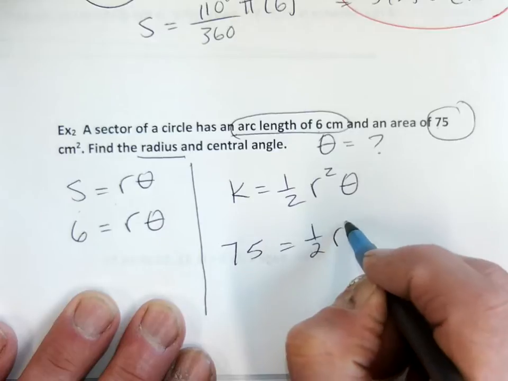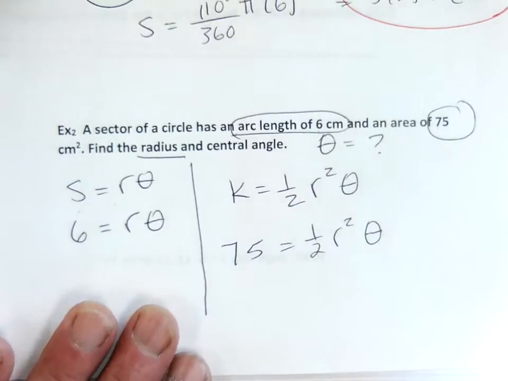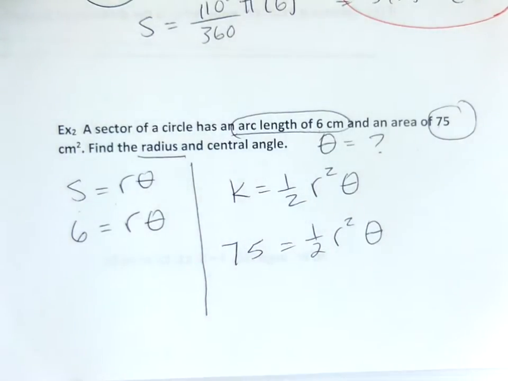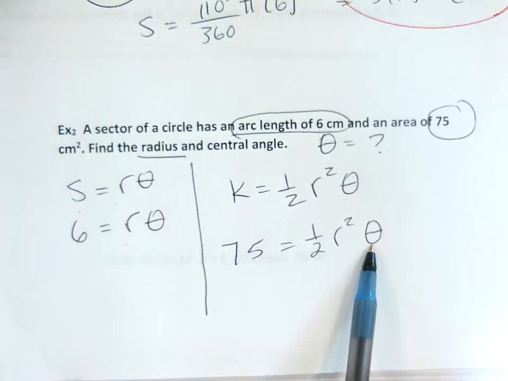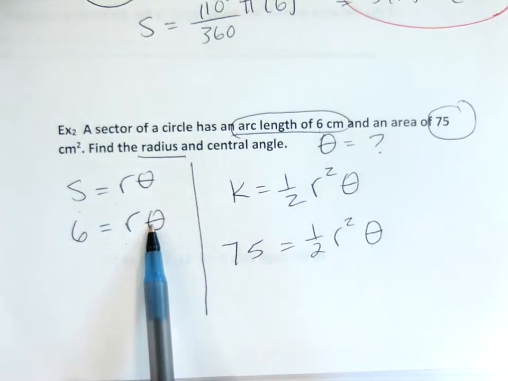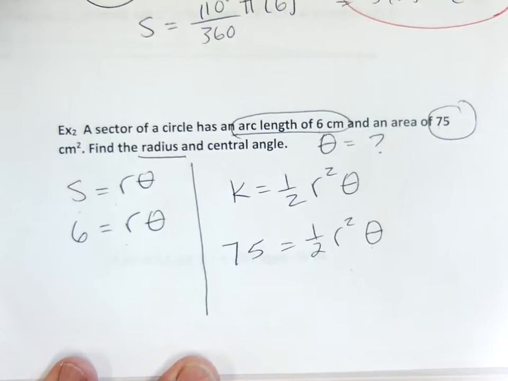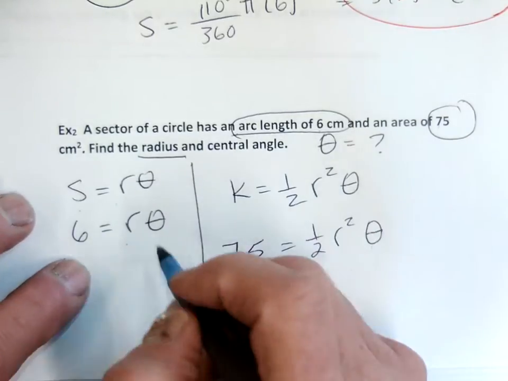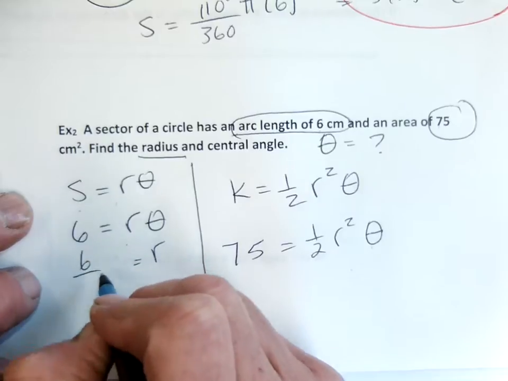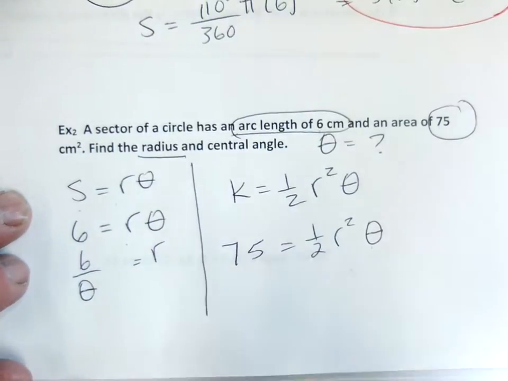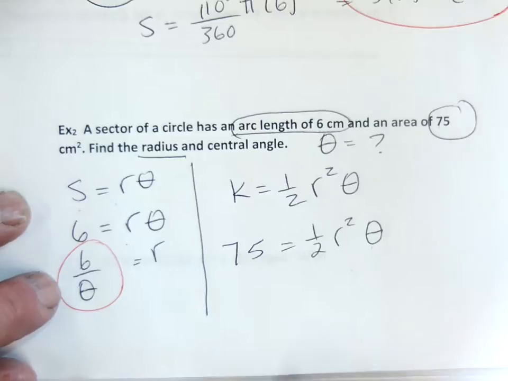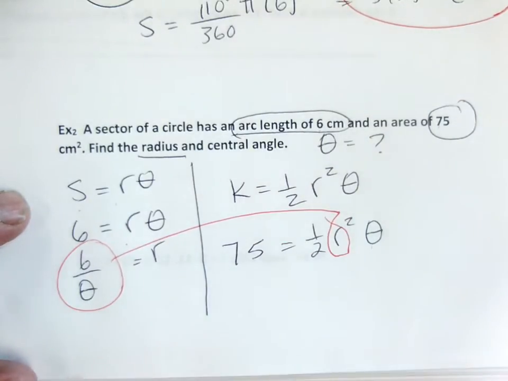I could solve for r and plug that in for theta, or I could solve for theta and plug that in for r. I could do either one. Doesn't really matter. I guess I'll solve for r. R is equal to 6 over theta.